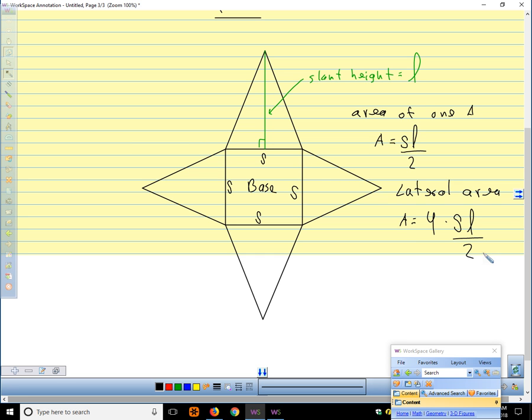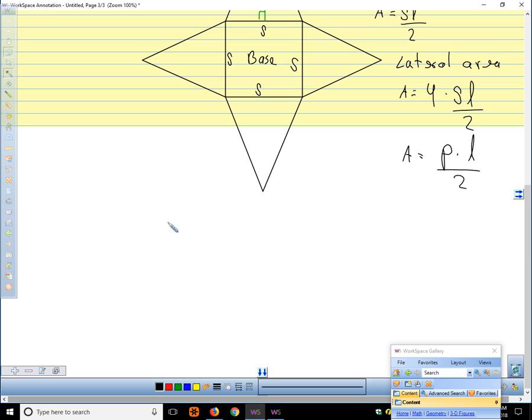Well, what do I get when I add up 4 of these sides? 4S, but for this square that makes up the base, if I add up those 4 sides, what is that? That's the perimeter of the base, just like we had yesterday with our prism. So we're adding up 4 of those. 4 times S is the perimeter of the base. So we get P times L divided by 2.